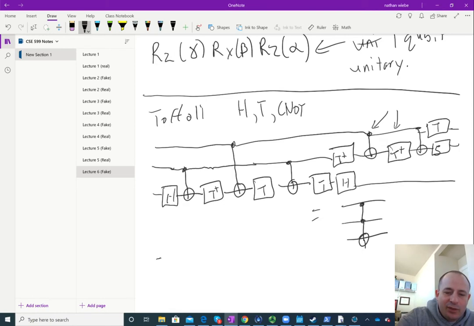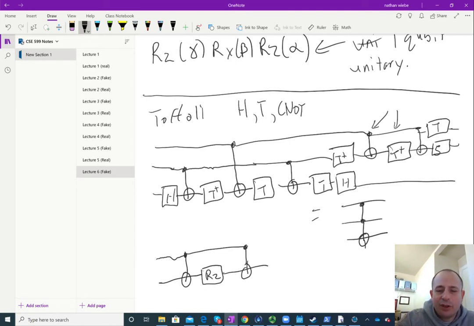So the idea basically is, let's look at the following transformation, which is something that's implicitly showing up here, but also motivates some of the logic behind why these CNOT gates are popping up.